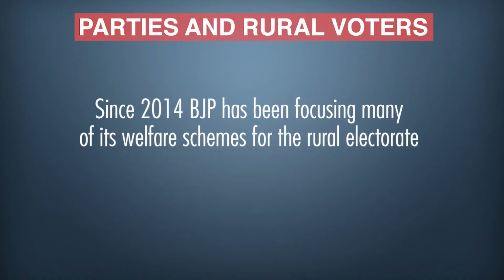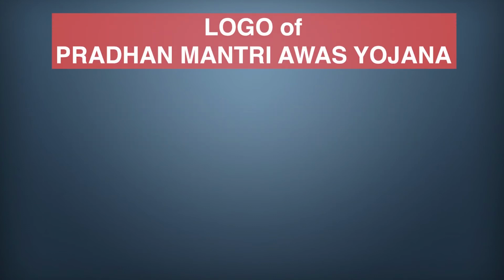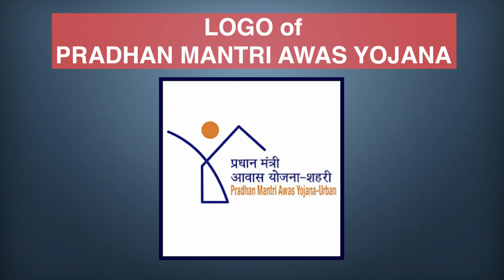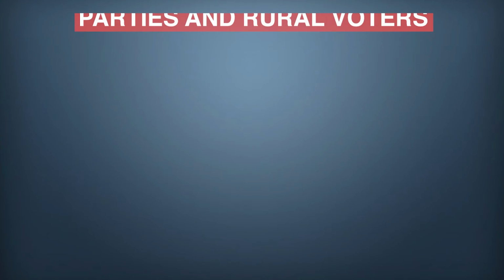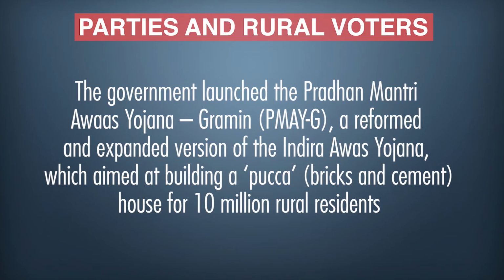Since 2014, the BJP has been focusing on many welfare schemes to target the rural voters. For instance, the Pradhan Mantri Awas Yojana is very popular among the rural voters. Another important scheme was building Pakka houses for 10 million rural residents.